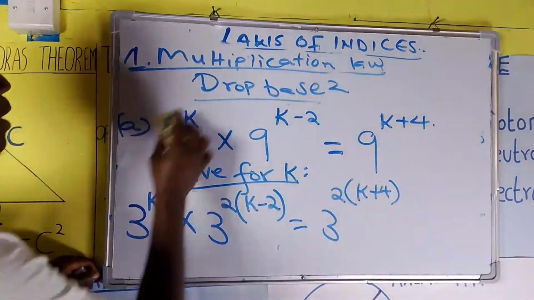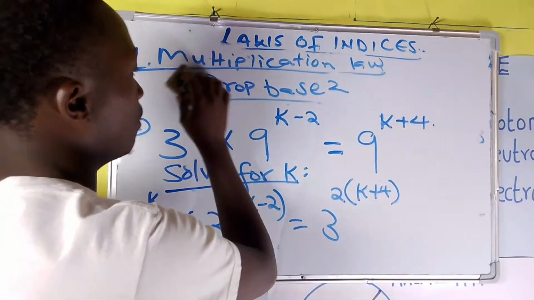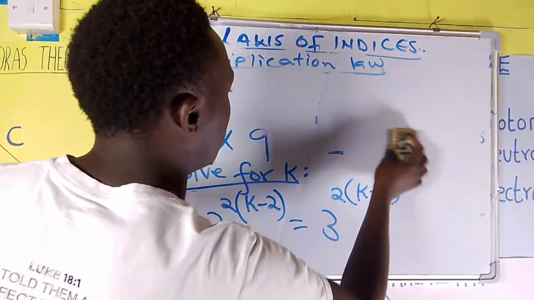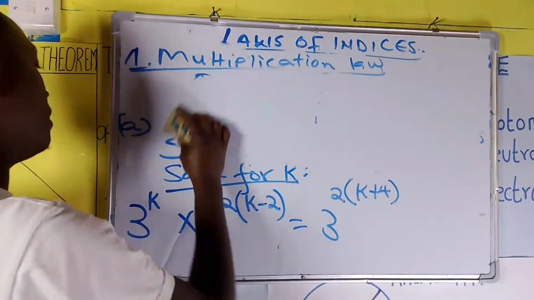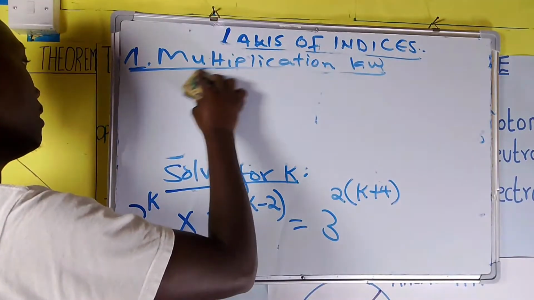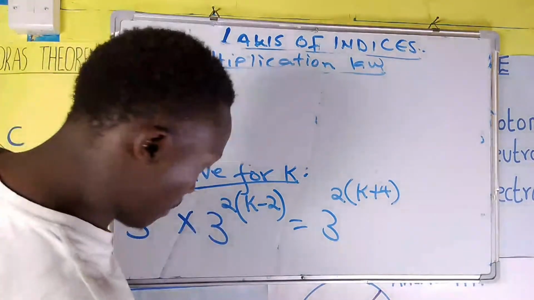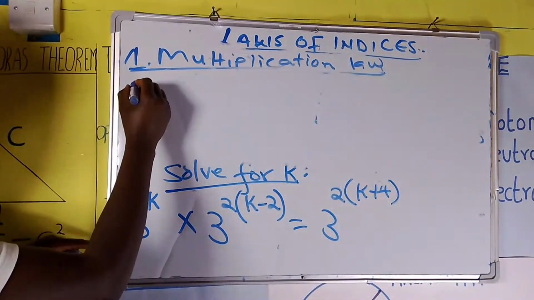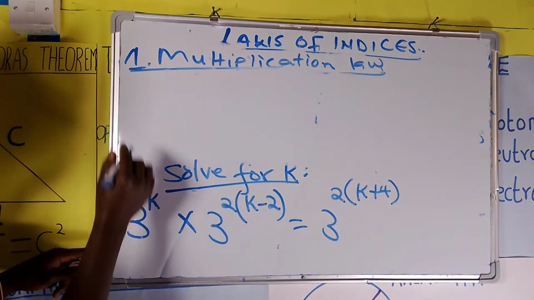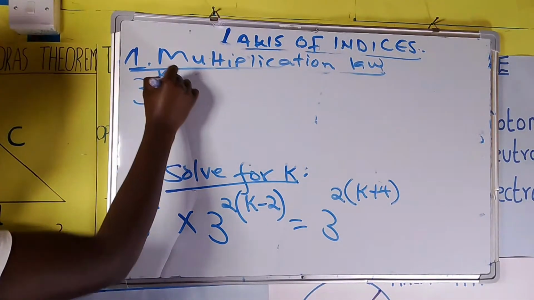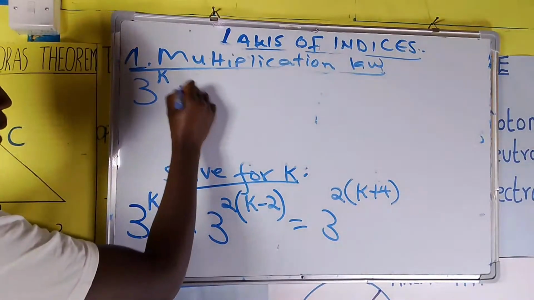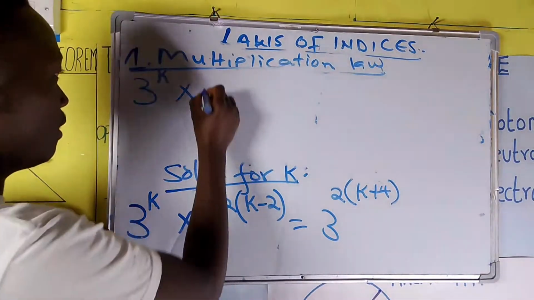And once we do that, we are going to have 3 to power k multiplied by 3.